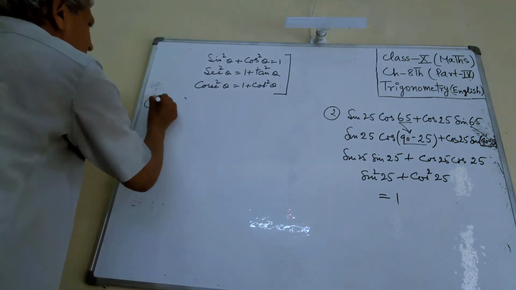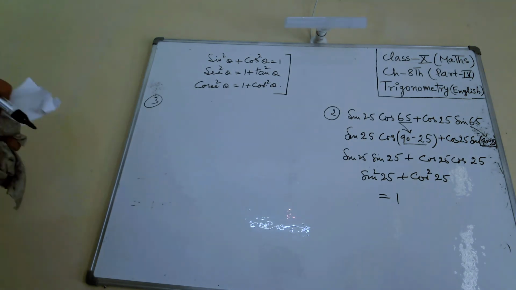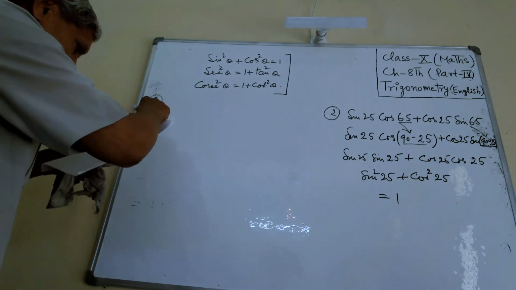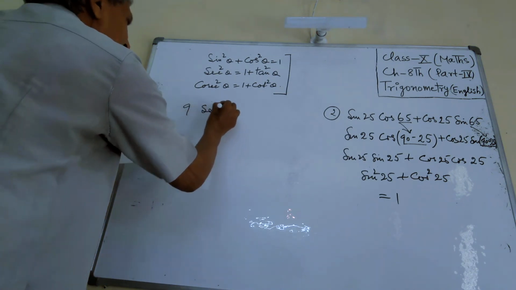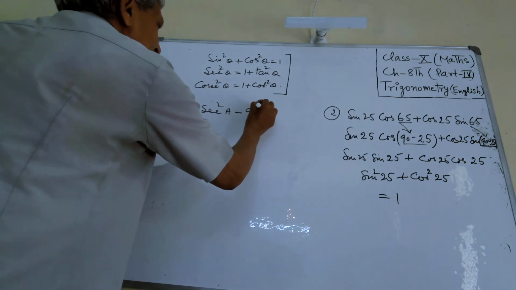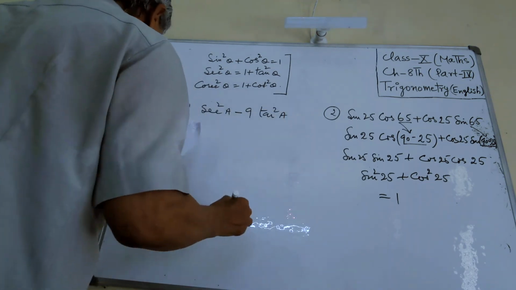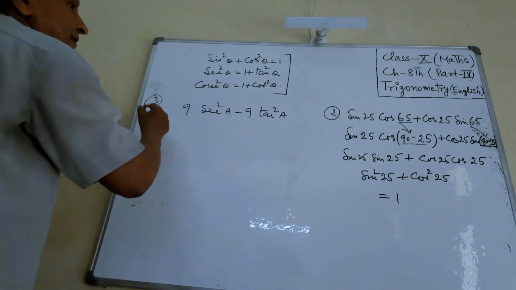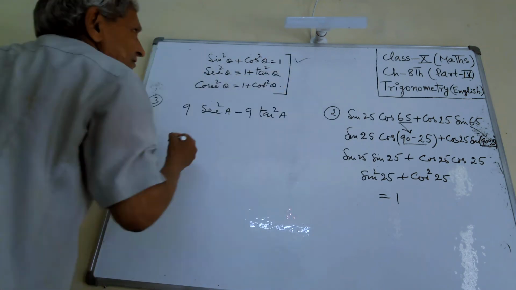Now third question: 9 sec square A minus 9 tan square A. Dear student, in first and second question, I applied this identity.